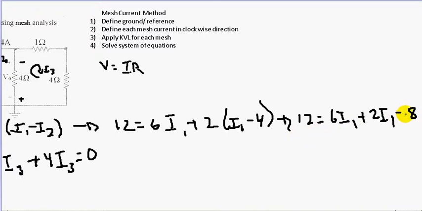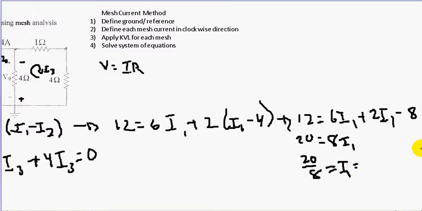We'll add 8 to both sides, so we have 20 equals 6 plus 2 is 8 I1, and 20 divided by 8 is equal to I1.